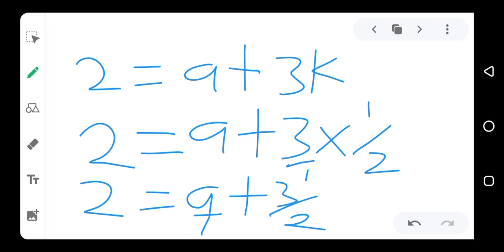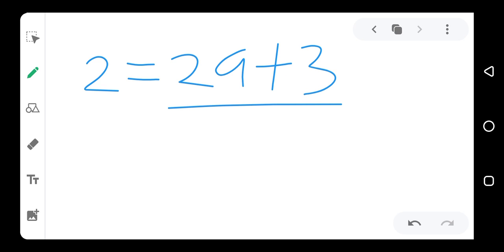Then we come to this side, say 2 divided by 2, it will give us 1, and 1 times 3 will give us 3. So we are now going to have that 2 is equal to 2a plus 3 over 2.